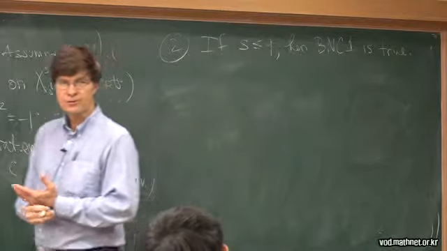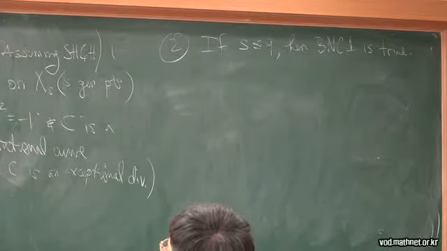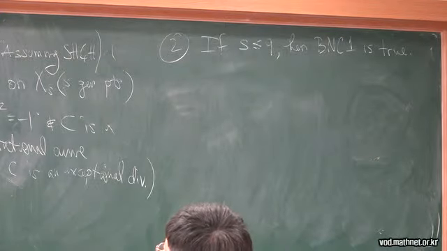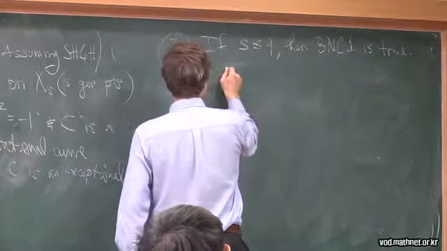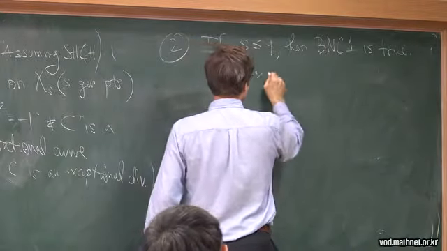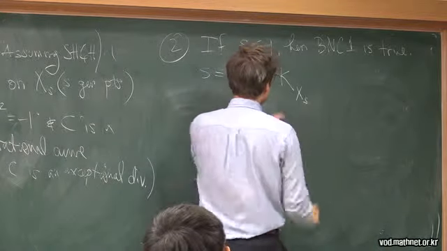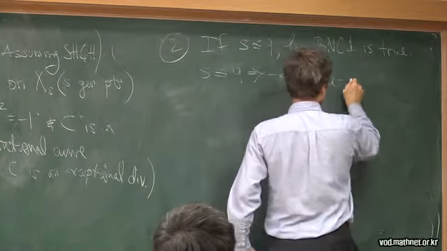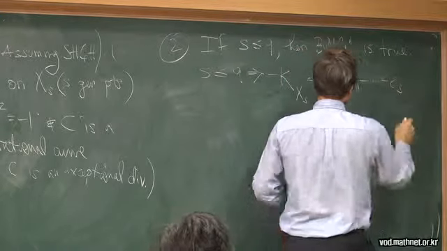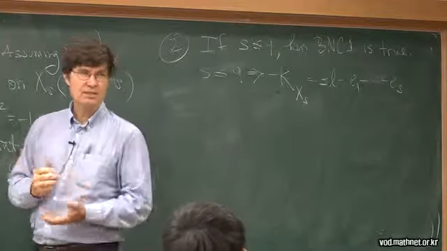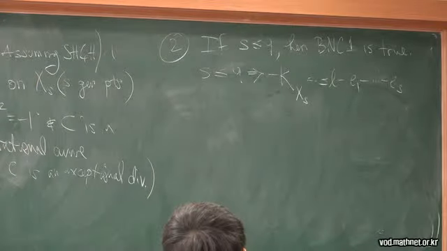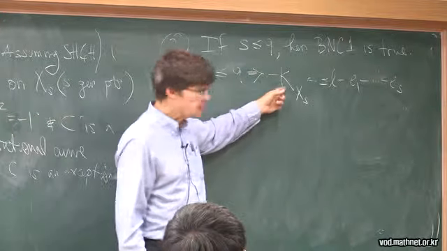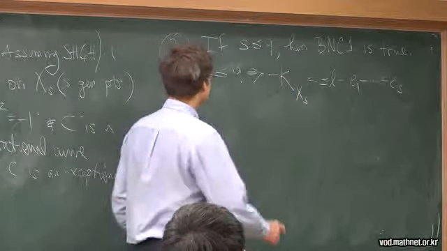The reason that it's true for S less than or equal to 9 is because the anti-canonical divisor is effective. There's always a cubic through 9 points. And so the proper transform of the cubic through the 9 points gives you an effective divisor linearly equivalent to minus K. So minus K is effective.